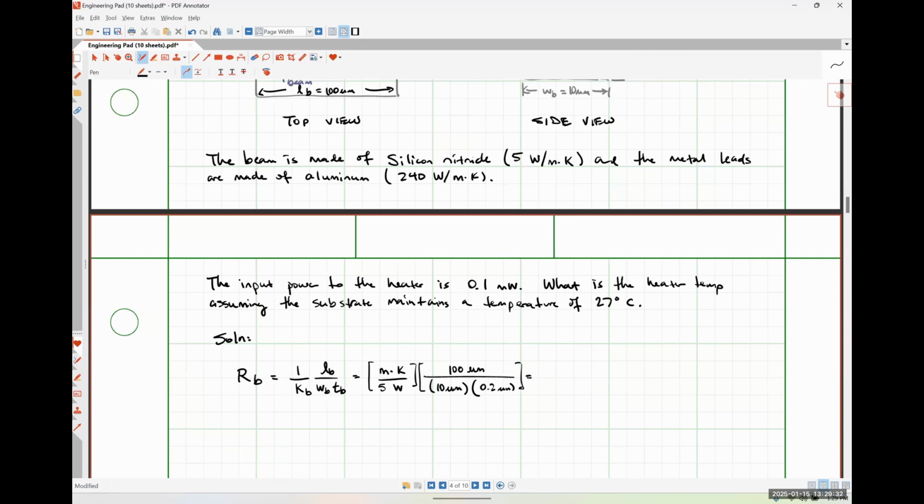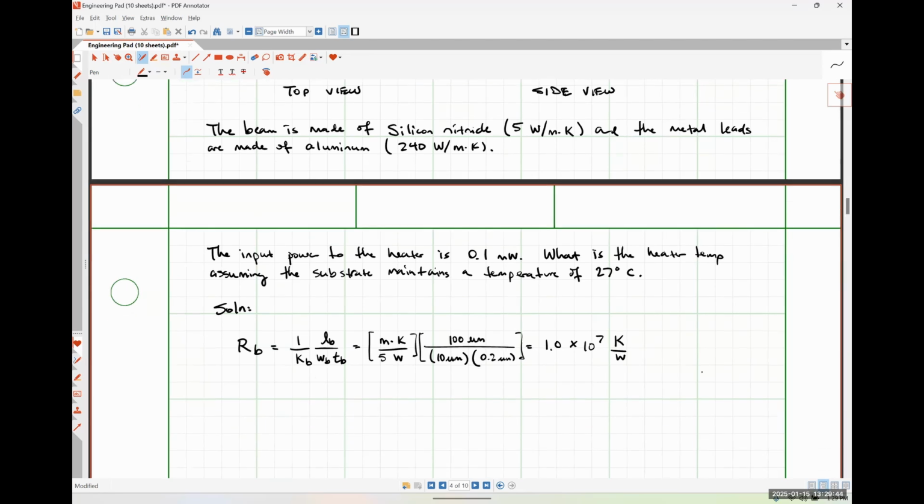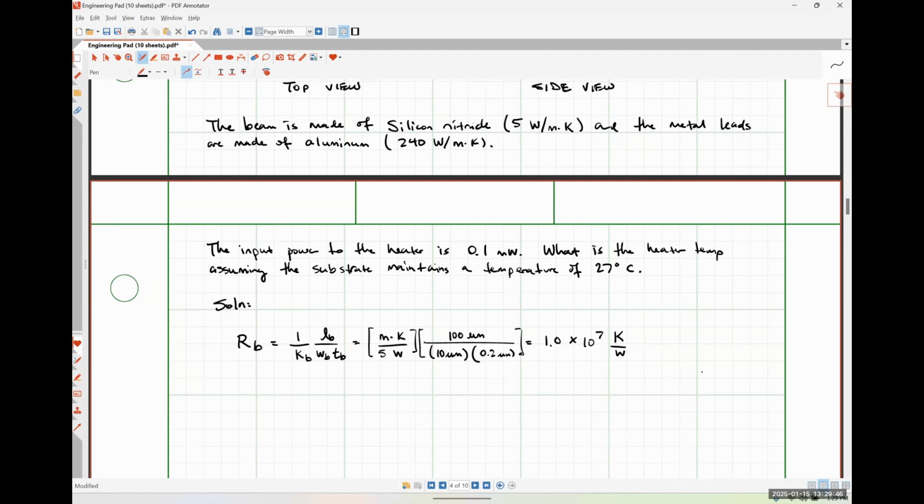And so this comes out to be 1.0 times 10 to the 7 kelvins per watt. Then we have the thermal resistance of our metal strip.